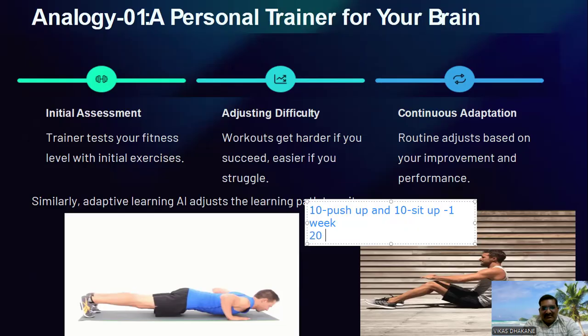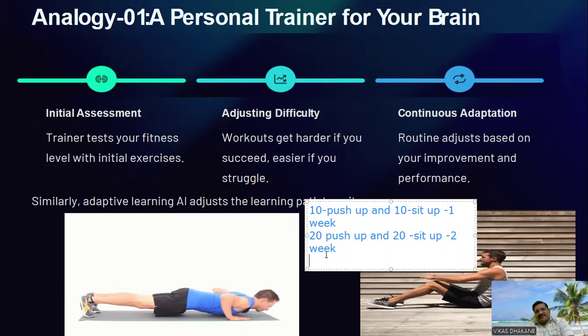He will suggest 20 push-ups and 20 sit-ups. Okay, and this is for the second week.